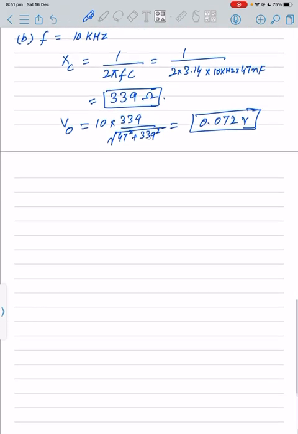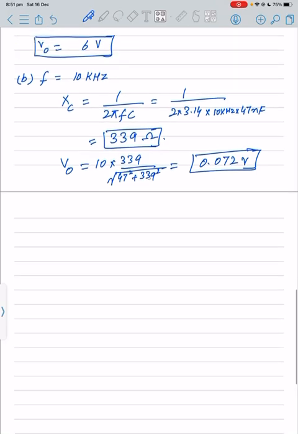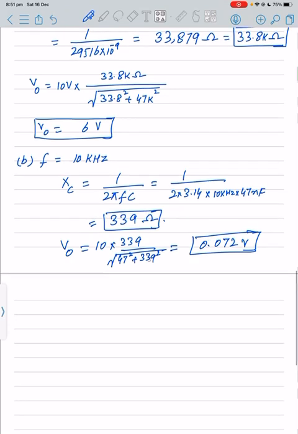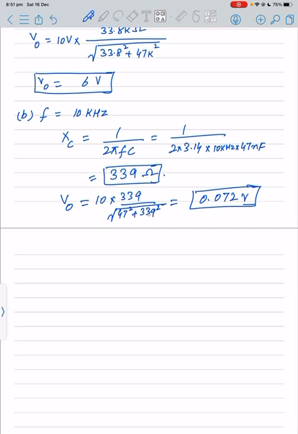So now let's find the corner frequency, so that we know after which frequency the magnitude of the voltage has started decreasing. We know that for the corner frequency the formula is 1 divided by 2 pi RC, and we have the values: 1 divided by 2 into 3.14, R is 47 kilo ohms, and C is 47 nanofarad.